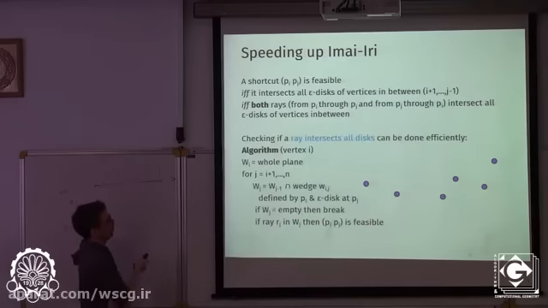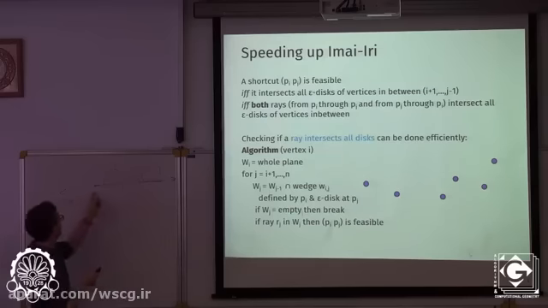Because now I can use the following algorithm, and this starts at a vertex i. I'm going to start at this vertex, and the test that I'm executing is whether up to some j I'm intersecting all of the disks.